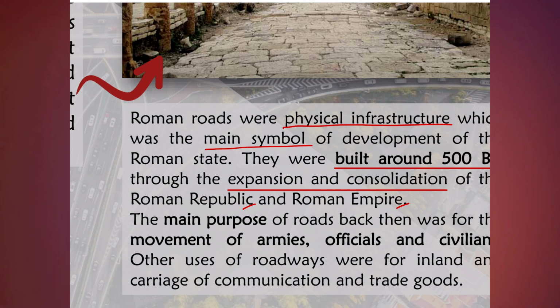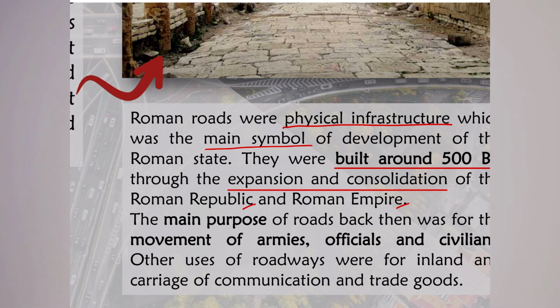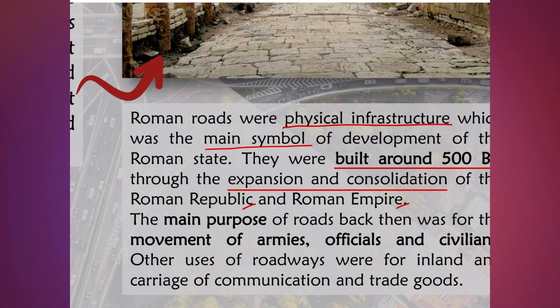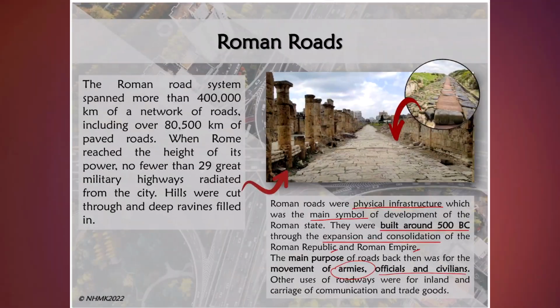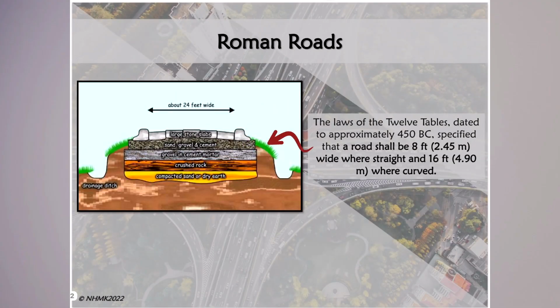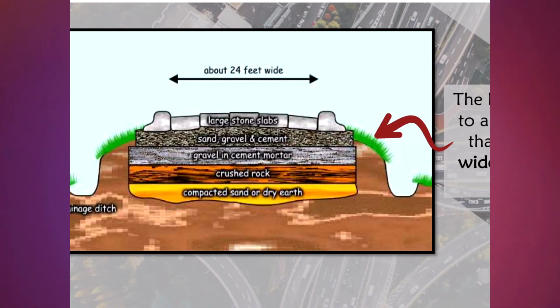So what was the main purpose of roads back then? Of course, it was for the movement of armies, officials, and civilians. Other uses of roadways were for inland carriage of communication and trade goods. Now, this is a diagram or a cross-section of a typical Roman road.